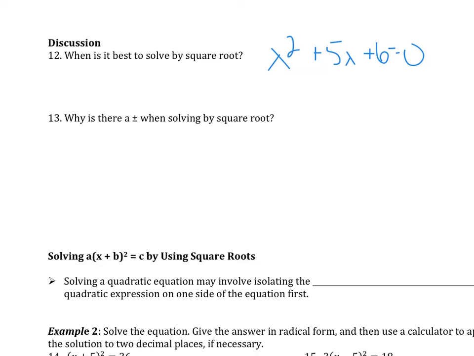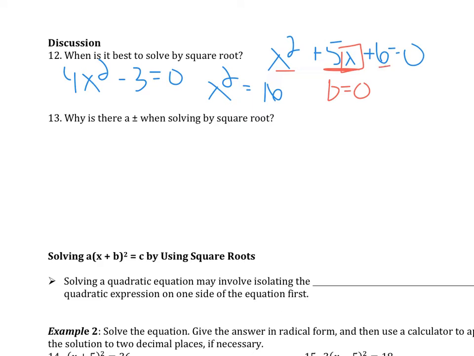Now in the square root ones, we always had something that looked like that or that. So what we're missing is this b term. When our b in our equation is 0, there is no x term. We may have an x squared and a constant, but no middle term. That is when it's easiest to take the square root, because then we can get the x squared by itself.